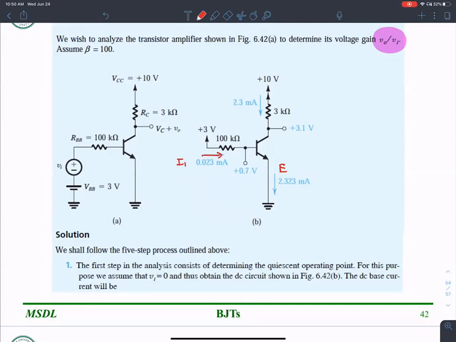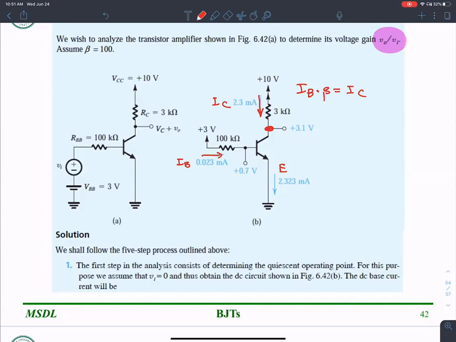Once I have the IB value and beta is given, I multiply IB with beta to get IC. That gives me an IC value of 2.3 milliamperes.